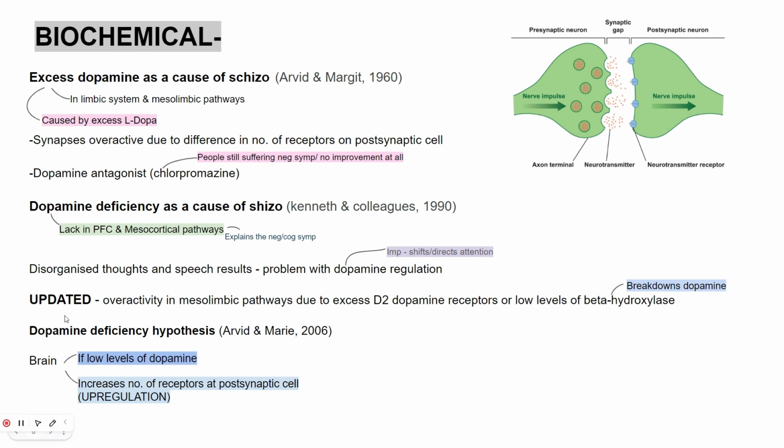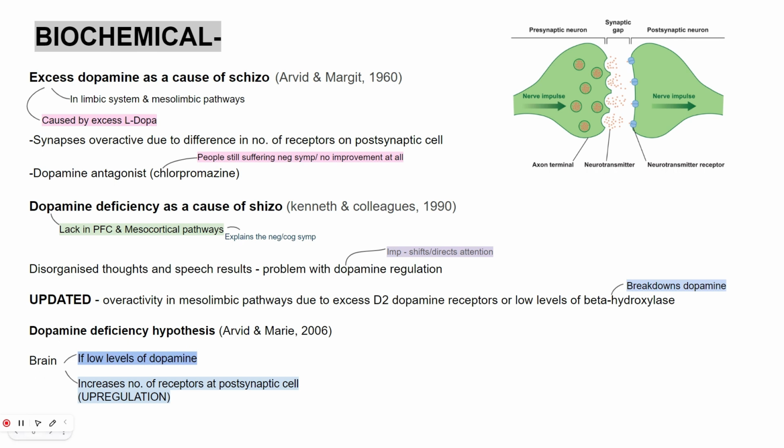The updated version of this hypothesis was that the overactivity in mesolimbic pathways was due to an excess of D2 dopamine receptors, and low levels of beta hydroxylase, which breaks down dopamine. The dopamine deficiency hypothesis was that the brain is responsible.